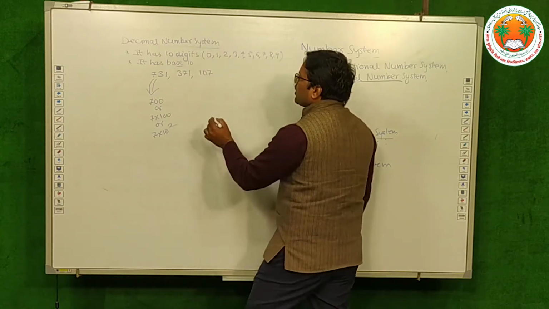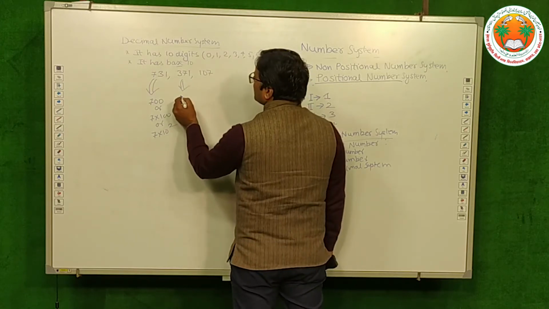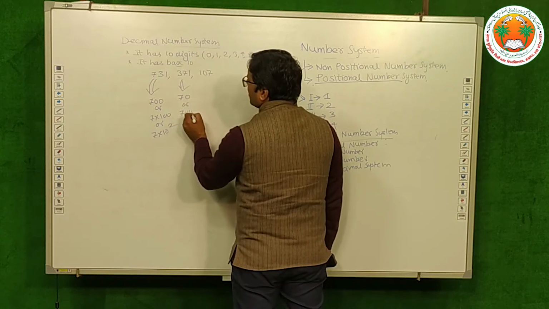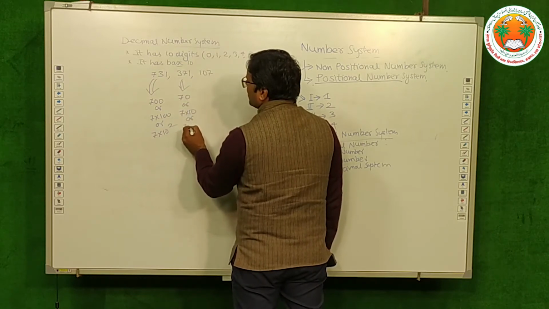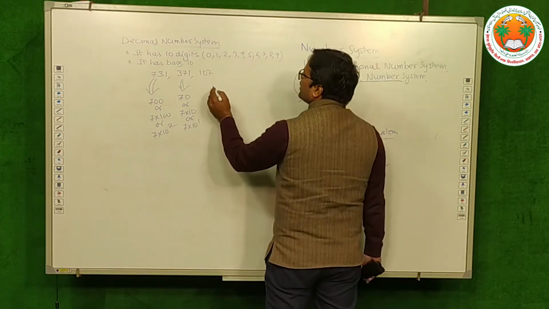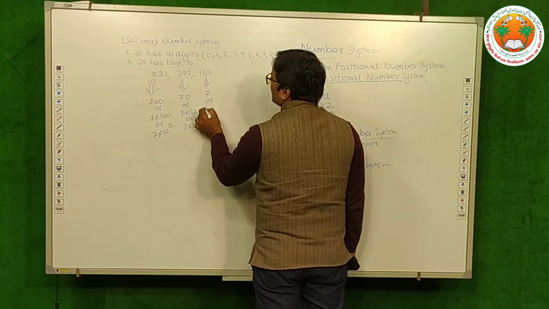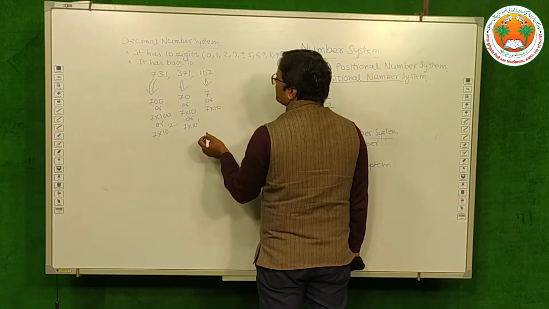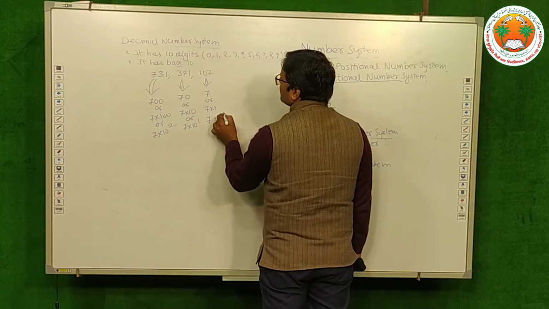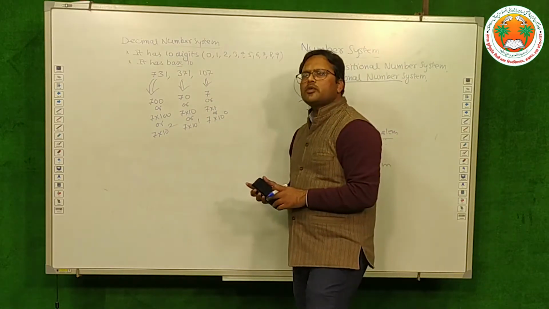In the same way, in 371, the value of 7 would be 70, or 7 into 10, or 7 into 10 to the power 1. In the same way, in 107, the value of 7 is 7 into 1, or 7 into 10 to the power 0. So in this way decimal numbers are represented.